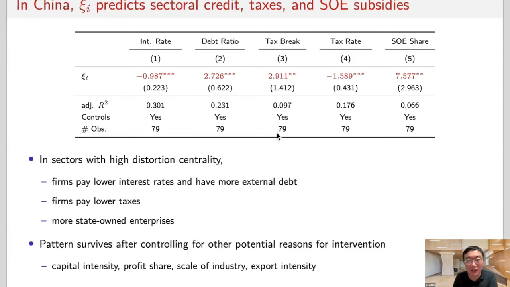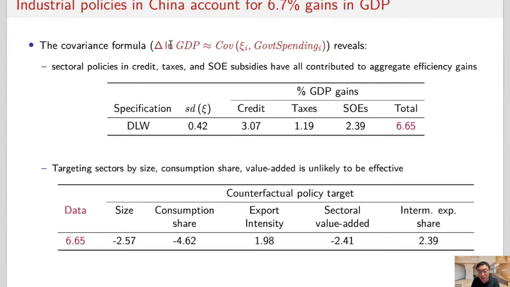Okay, so in that sense, these policies, the cross-sector variation in taxes, interest, and subsidy to state-owned firms may generate aggregate benefit. And one can evaluate those aggregate benefits using this covariance formula, where we turn that cross-sector variation in interest and taxes into some dollar amount of government spending.